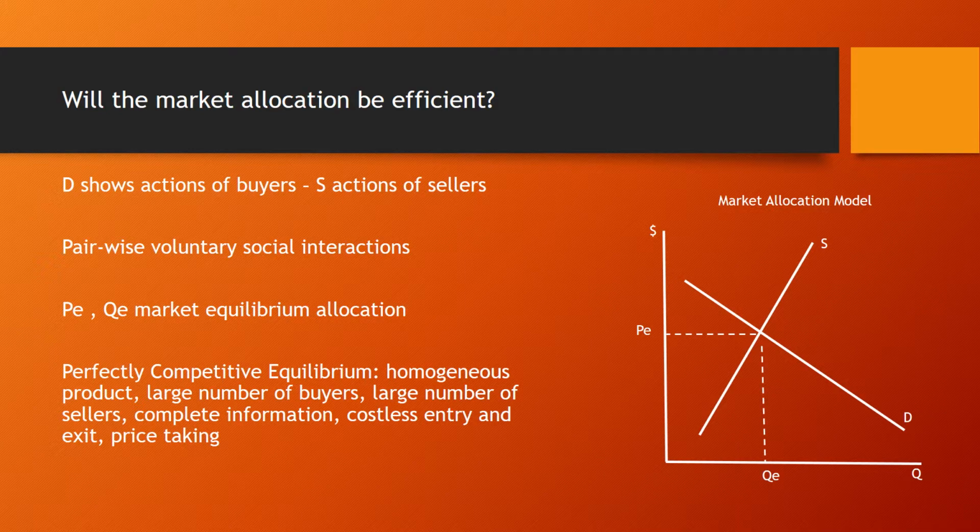The buyers and the sellers are assumed to have complete information. They know everything they need to know to either maximize profit for the sellers or maximize utility subject to a budget constraint for the buyers. It is also assumed that there's costless entry and exit and that there is price-taking behavior for all the buyers and all the sellers.